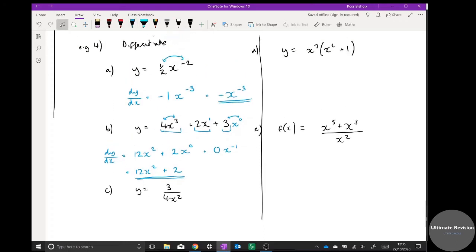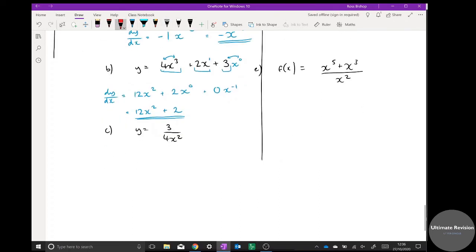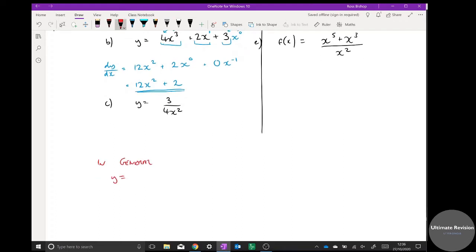Now, at this point, it's worth noting a few more rules that are useful here. So in general, if y equals some constant times x, then dy dx will just equal that constant.